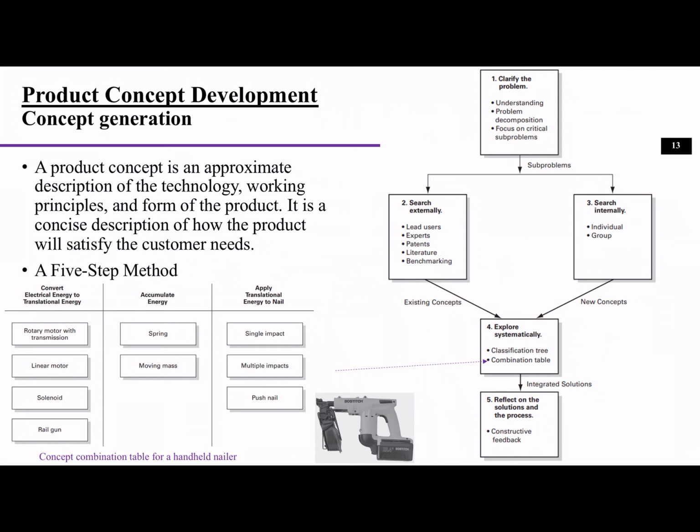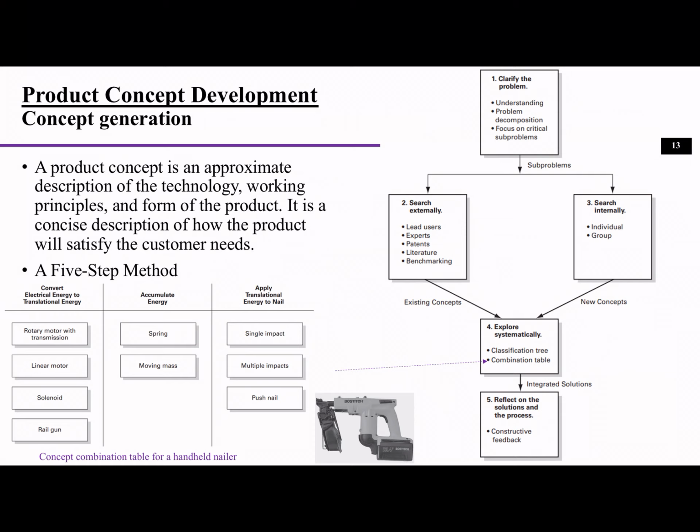So for defining or generating a product concept, there's a 5-step method. Step 1 is to clarify the problem, basically to understand what kind of functions or solutions this kind of product is providing, right? It might include different subproblems, right?